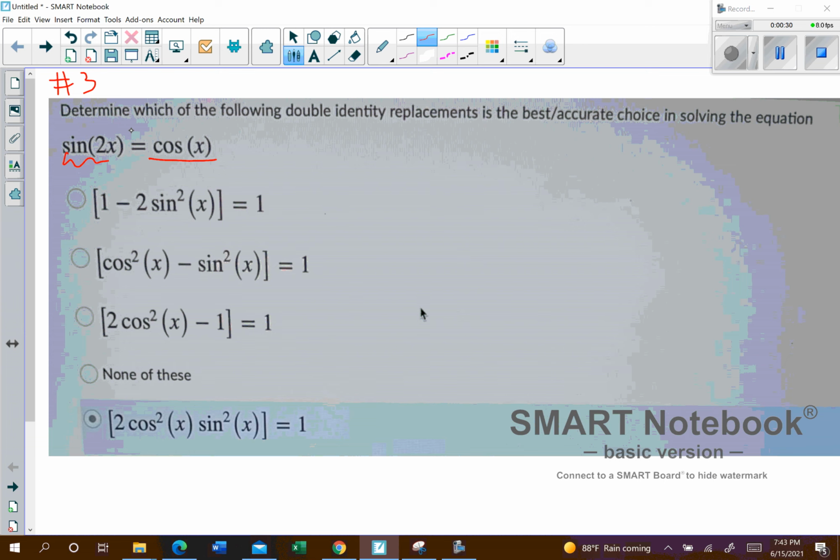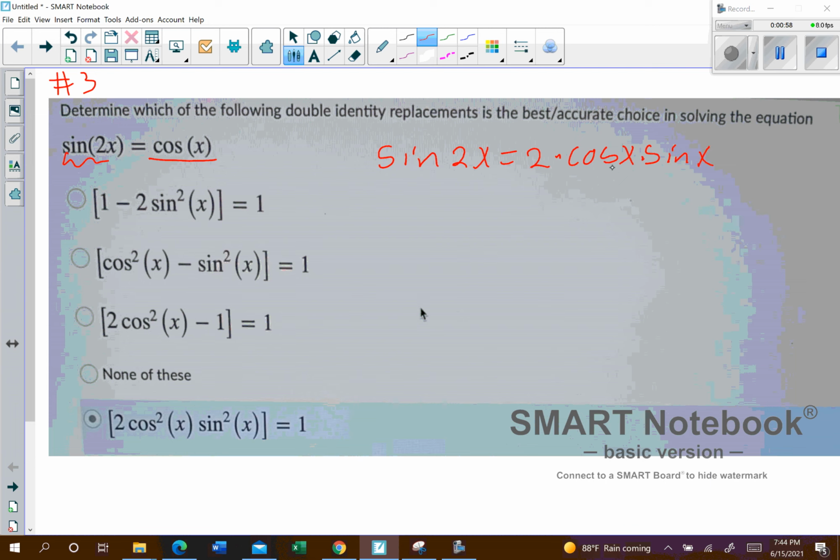So when you look at your double angle, for sine in this case, it looks like we only have one option, and I'm going to write it down real quick. Sine of 2x in this case would be 2 times cosine of x times sine of x.